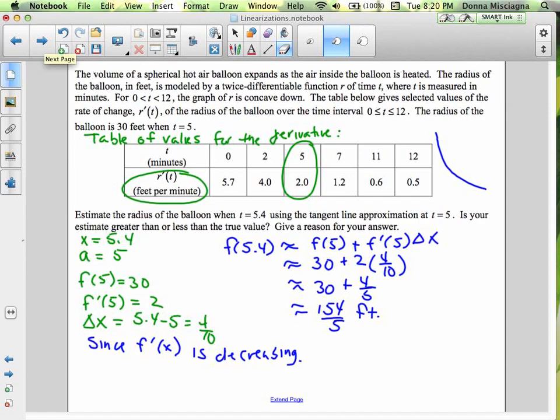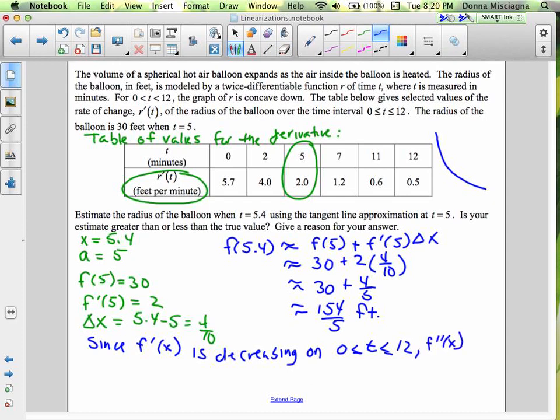That almost makes it sound like it's decreasing everywhere. I have no idea what happens after 12 seconds, but it is decreasing on 0 to 12 seconds. That makes f double prime of x negative.